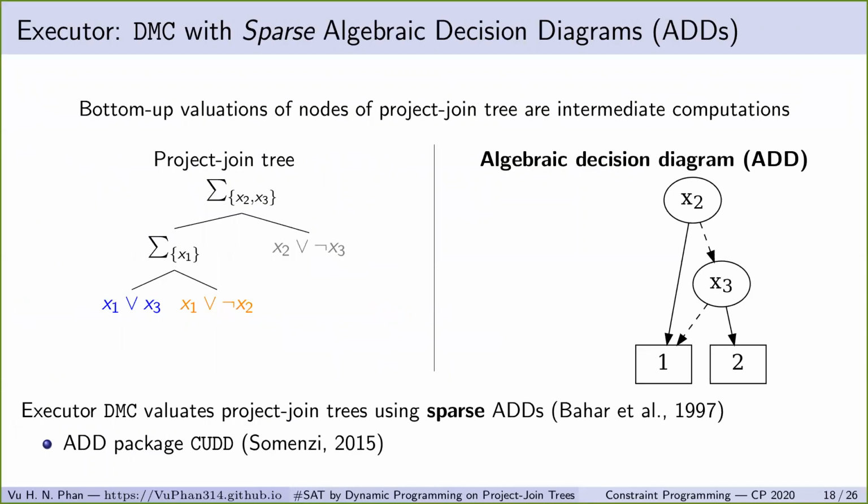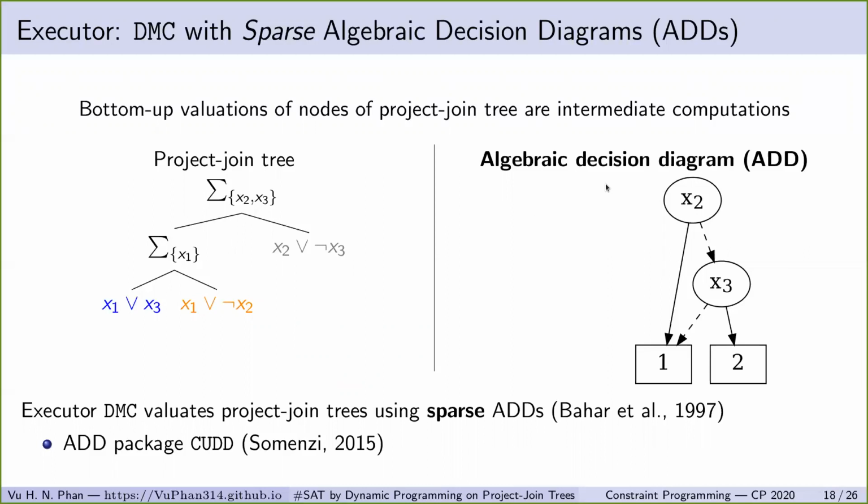Recall that in a ProjectJoin tree, the valuation of a node corresponds to an intermediate computation. For example, if we do bottom-up dynamic programming on this ProjectJoin tree, the valuation of this internal node is a pseudo-Boolean function over the variables x2 and x3. This function can be represented with an algebraic decision diagram, ADD.